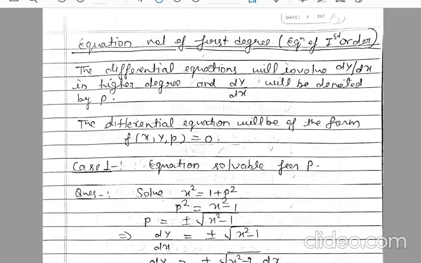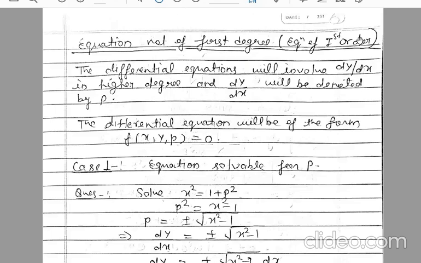So the differential equation will involve dy upon dx. Dy upon dx means differential or derivative, the differentiation of y with respect to x, and in higher degree, dy upon dx will be denoted by p. Dy upon dx order is 1, degree is 1, right?